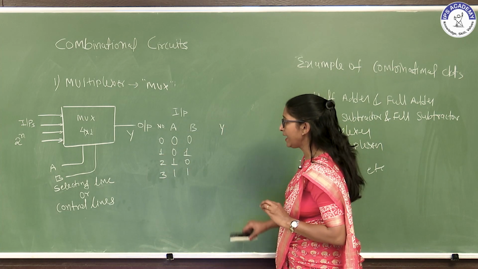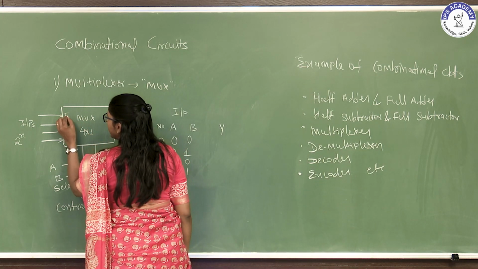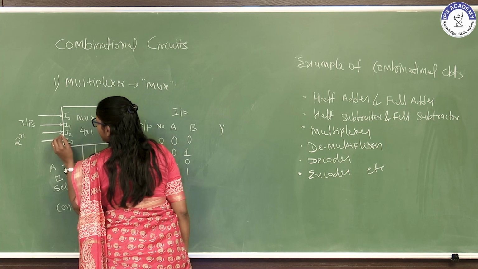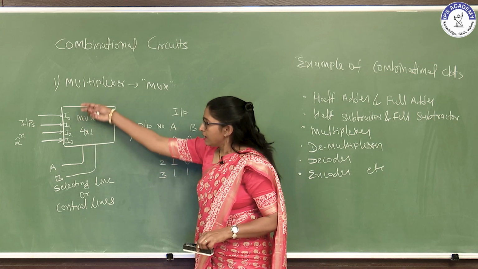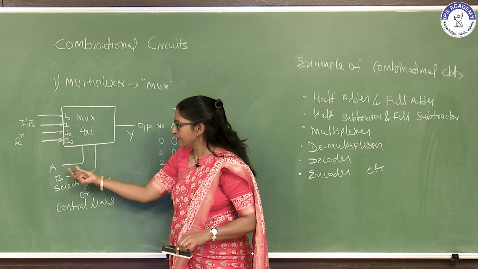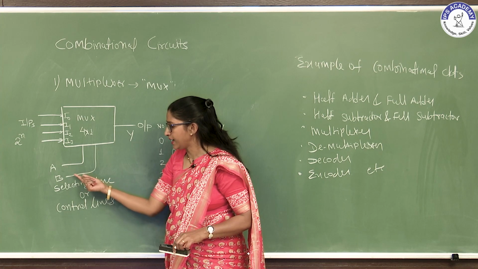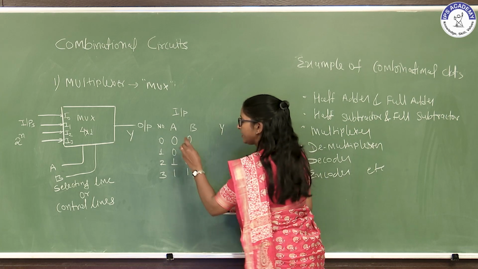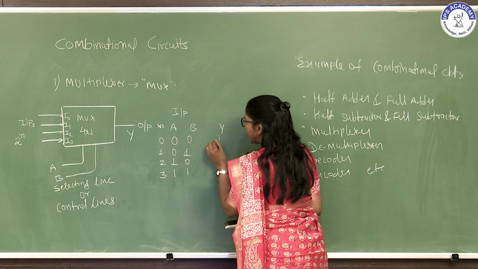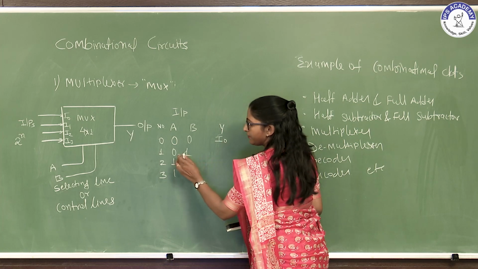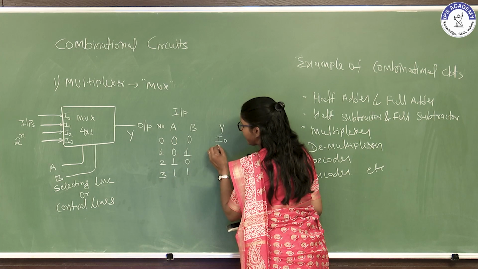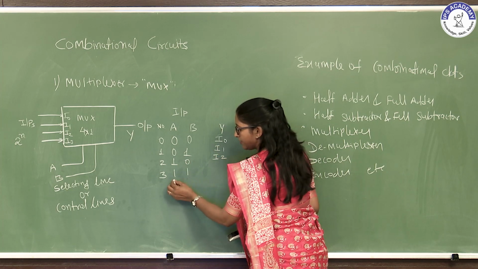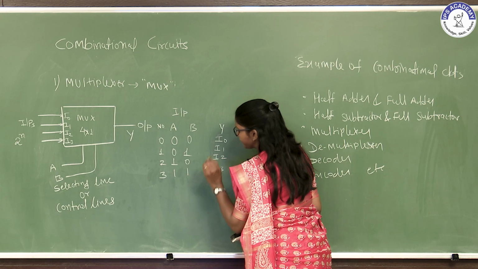Suppose these are my inputs I0, I1, I2 and I3. Whenever A and B are 00, I0 will be selected. When it is 01, I1 will be selected. When it is 10, I2 will be selected, and for 11, I3 will be selected.